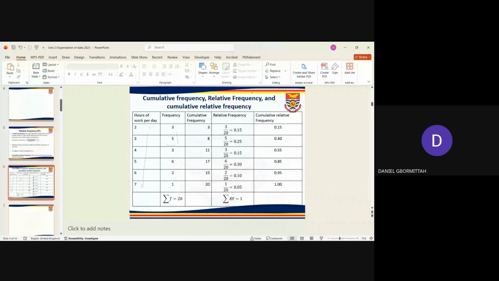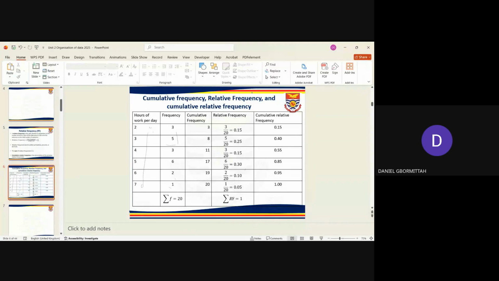So we now have the cumulative frequency as well. These are relative frequencies, right? We have not computed cumulative frequencies here, but I hope you can do that. The first one would have been 3, isn't it?